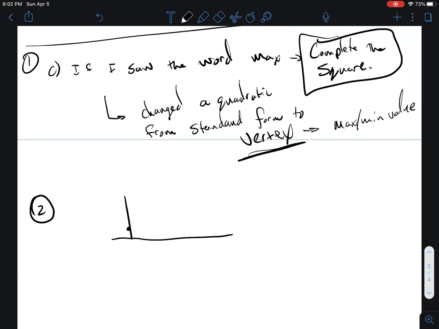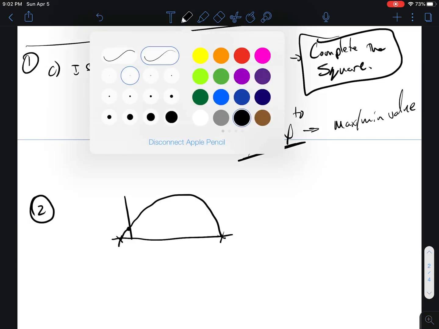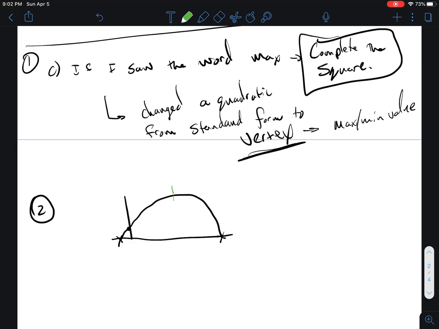And then we found this is my parabola. It went up and came down. I could find out what the two roots were, and if I found the middle, we called this the axis of symmetry, right?